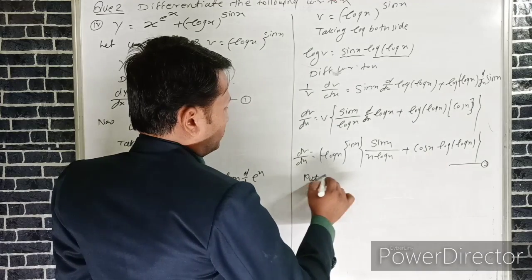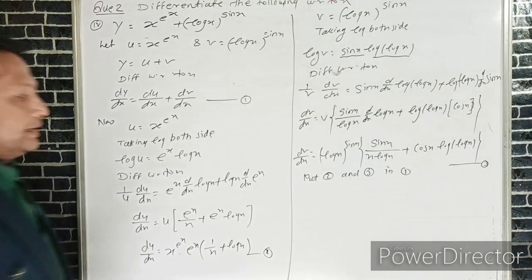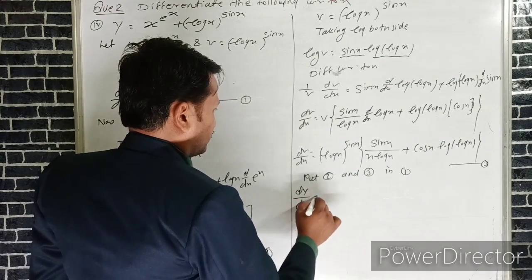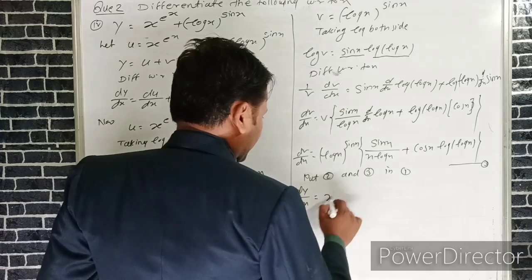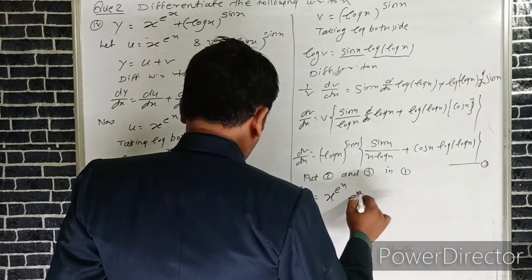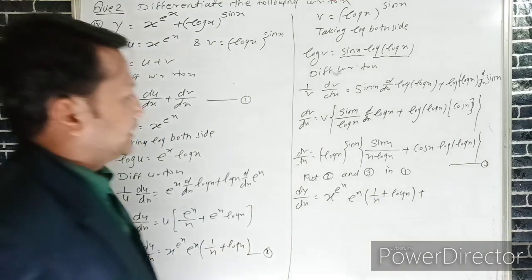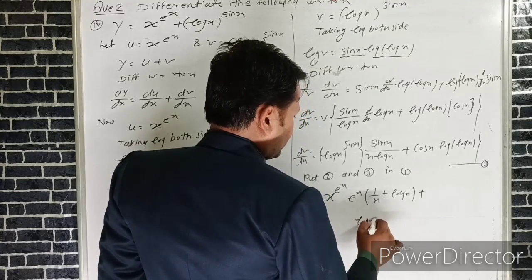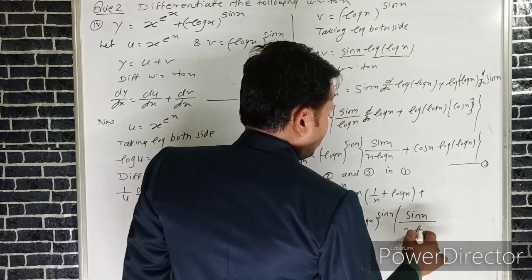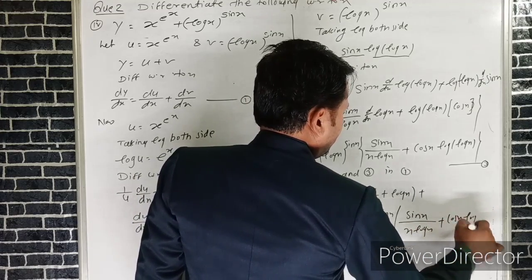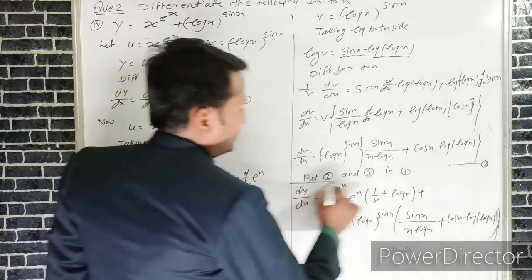If we put 2 and 3 in equation 1, we can write dy by dx is equal to du upon dx, meaning x raised to the power e to the power x into e to the power x into 1 by x plus log x, plus dv upon dx, which is (log x) raised to the power sin x into sin x upon x log x plus cos x into log x, which is the required derivative of y, dy upon dx.